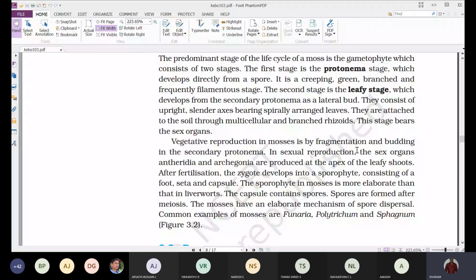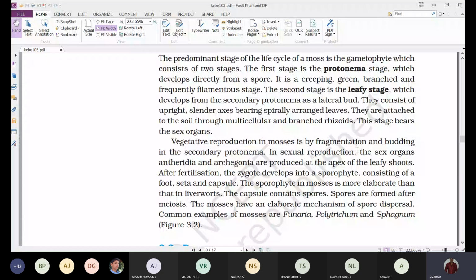Only when the conditions are favorable, at that time only the spores are liberated. And these spores, when they fall on a suitable substratum, they germinate and give rise to protonema, the first stage of the gametophyte.